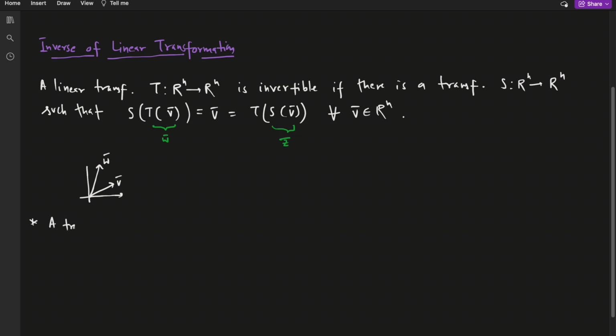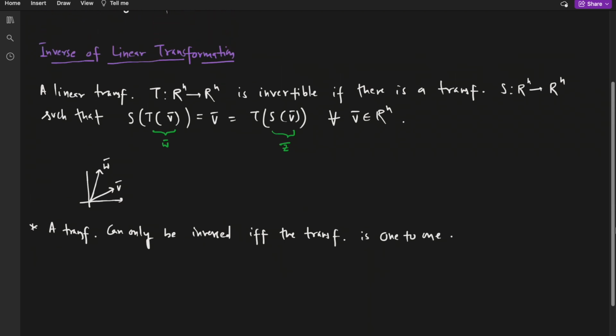It says that a transformation can only be inverted if and only if the transformation is 1 to 1.